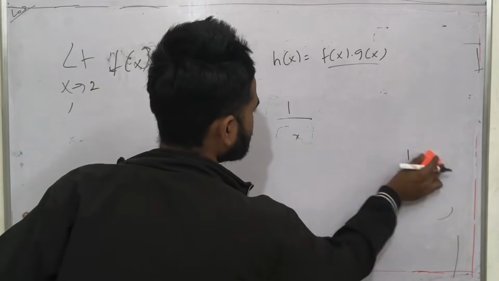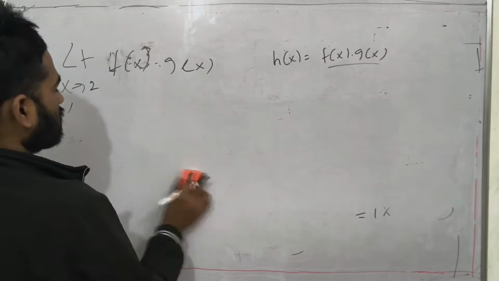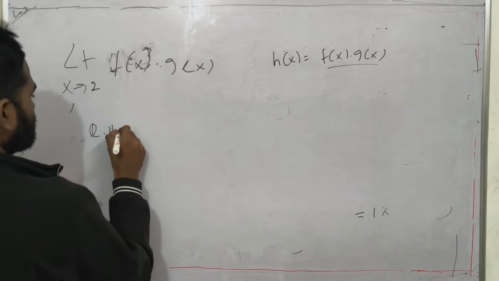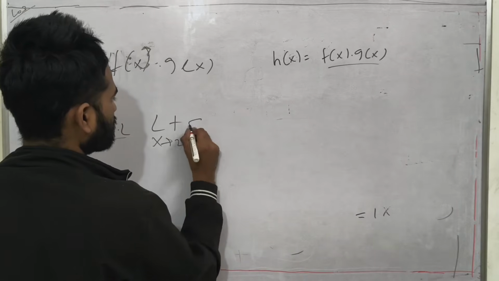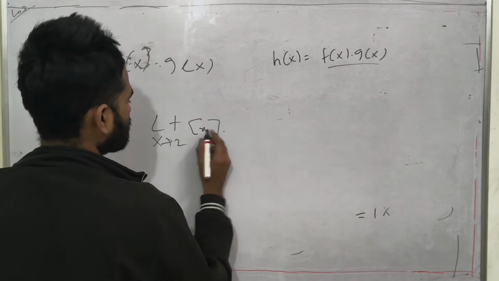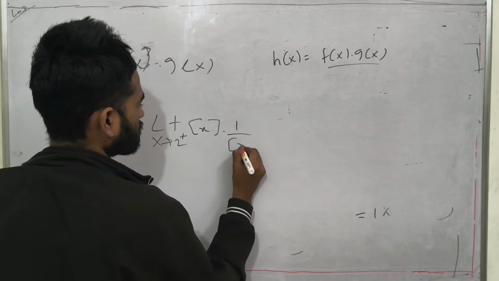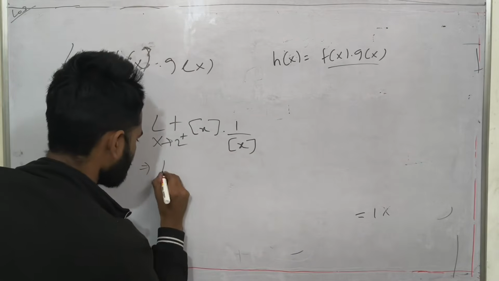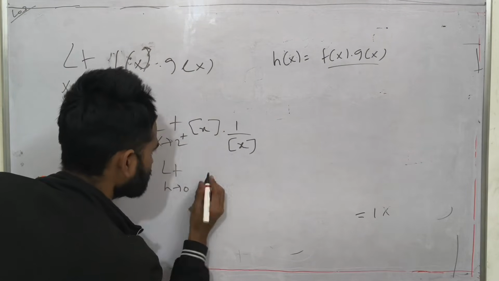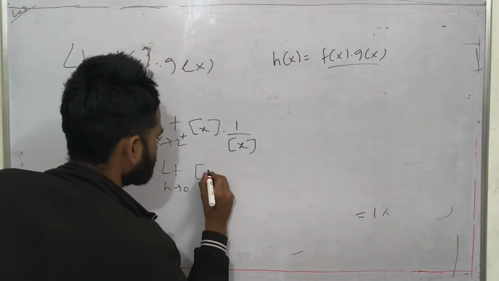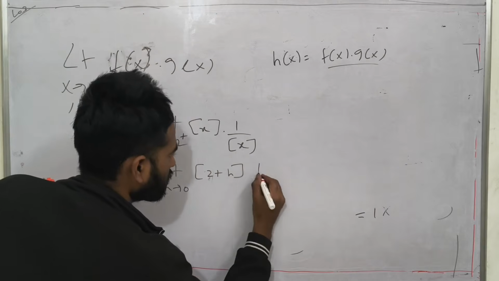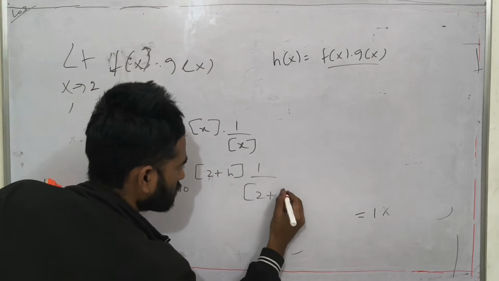Again similarly, the right hand limit is limit x tends to 2 plus of step x into 1 by step x, equals limit h tends to 0 of step of 2 plus h into 1 by step of 2 plus h.